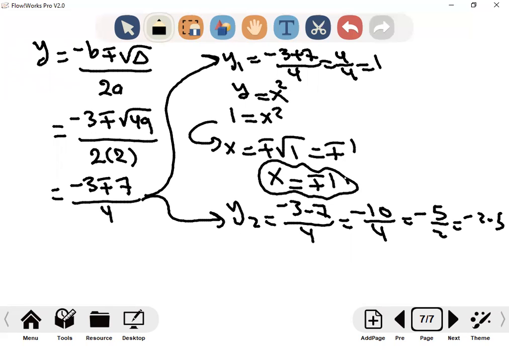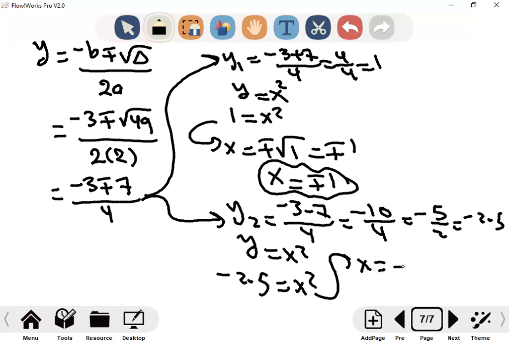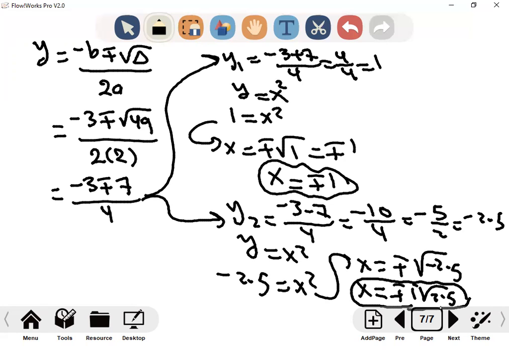The second part, y equal x power 2. Y is how much? -2.5 equal x power 2 means x equal plus minus square root of -2.5, so x equal plus minus i square root of 2.5. And we know how we put i here, right?